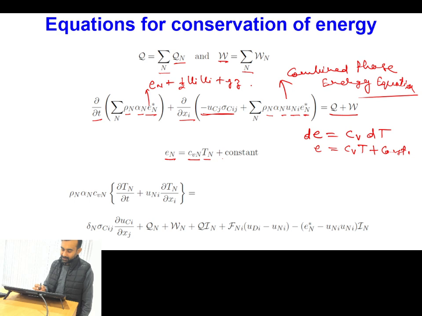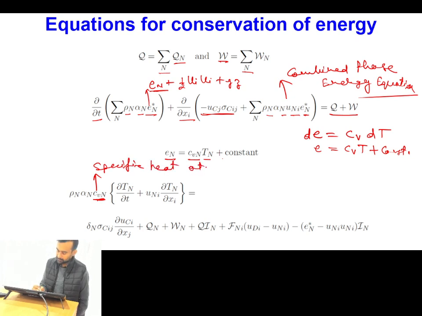Now in this En I will replace it with Cv and T. So if I do this replacement, ultimately I will find rho n alpha n into Cvn. Here, what is Cv? Specific heat at constant volume of nth phase.